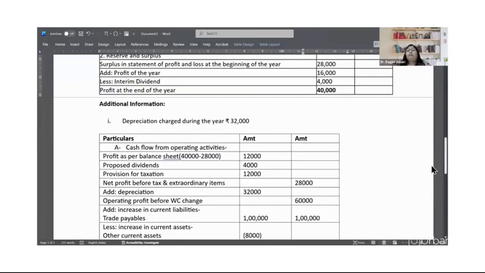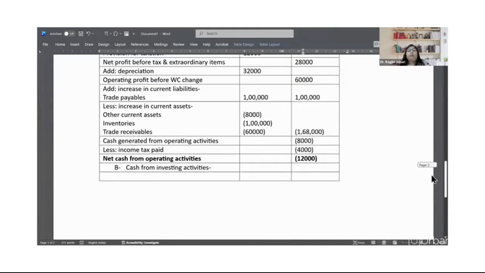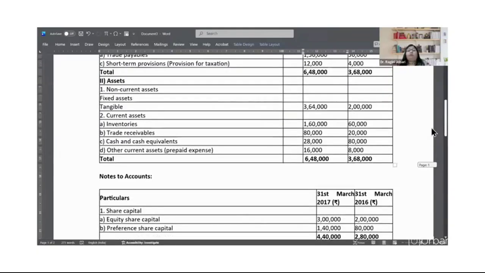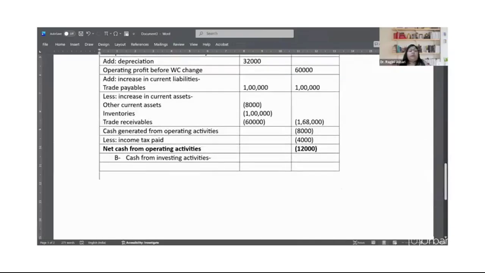That means now we'll have to make a fixed asset account and find out the actual value of the purchase. So now let us make a fixed asset account here and find out this thing. Okay.